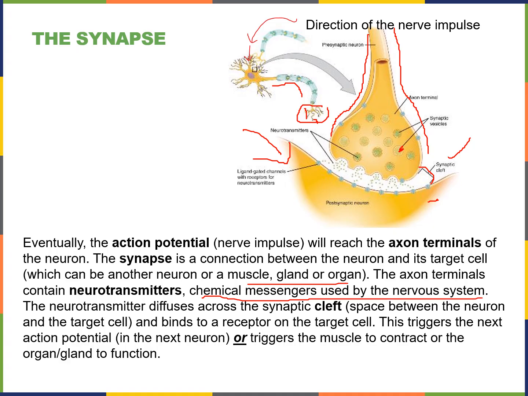This is a really good word to learn, chemical messengers. The neurotransmitter diffuses across the synaptic cleft, which is the space between the neuron and the target cell, and binds to a receptor on the target cell. We're saying a target cell, but it could be another neuron. This triggers the next action potential in the receiving neuron, or triggers the muscle to contract or the organ or gland to function.